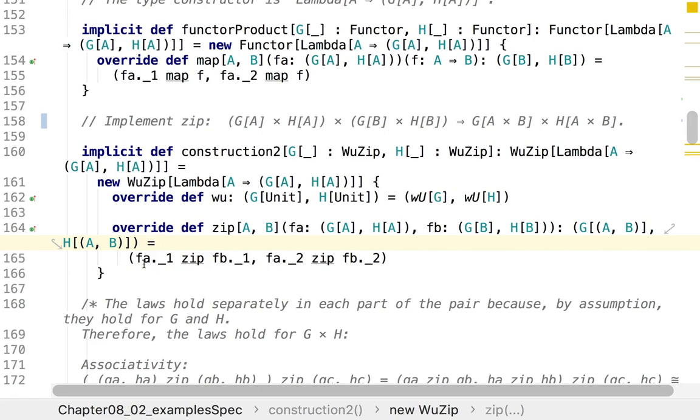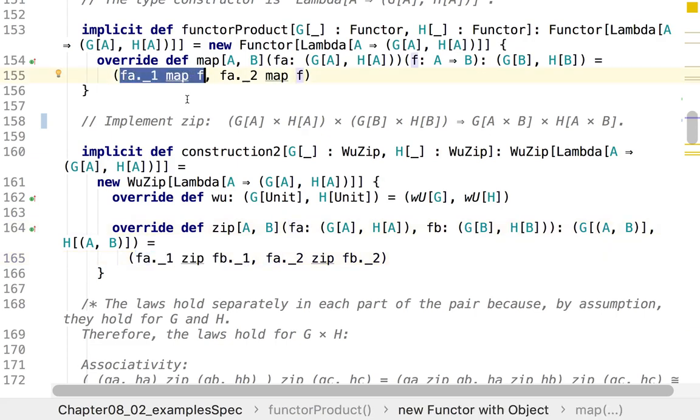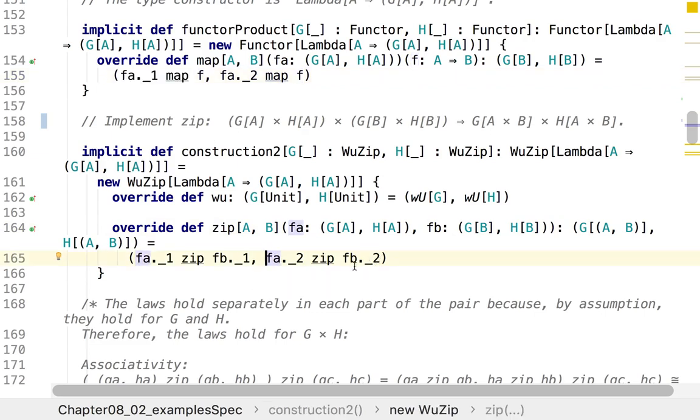So the first component of the result only depends on the first component of the data, and so on for the second component. So it is kind of easy to understand that the laws will all hold very easily.